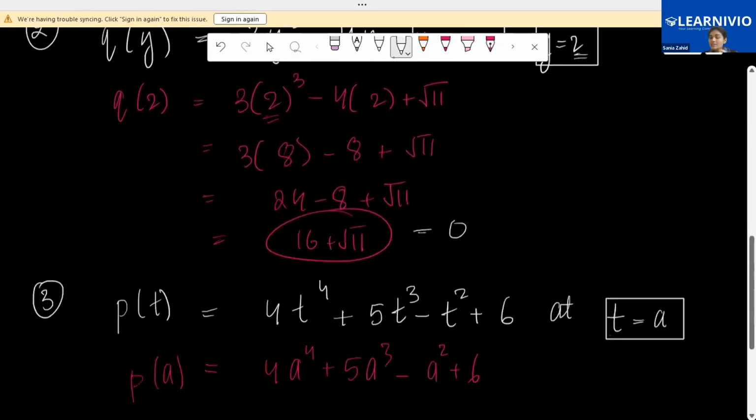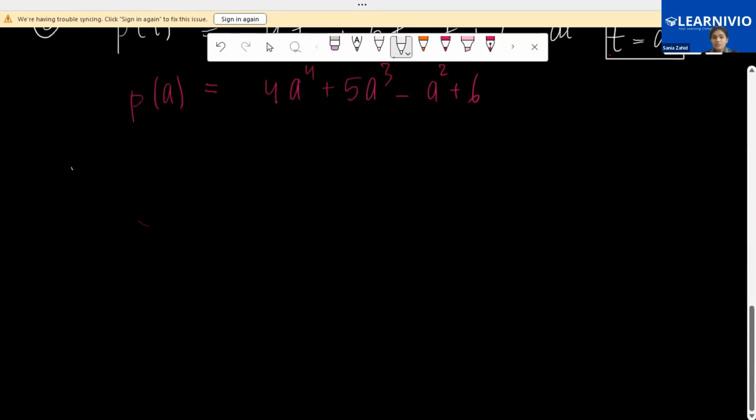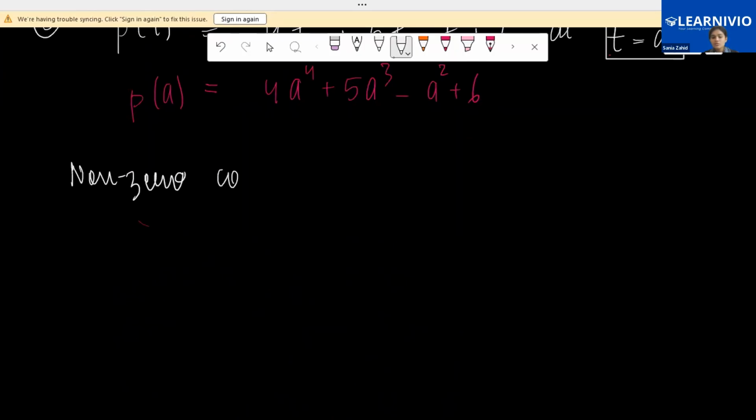Now, do you know constant polynomials? Constant polynomials were non-zero constant polynomials. Can you give me any example of a constant polynomial? A 7 is a constant polynomial.